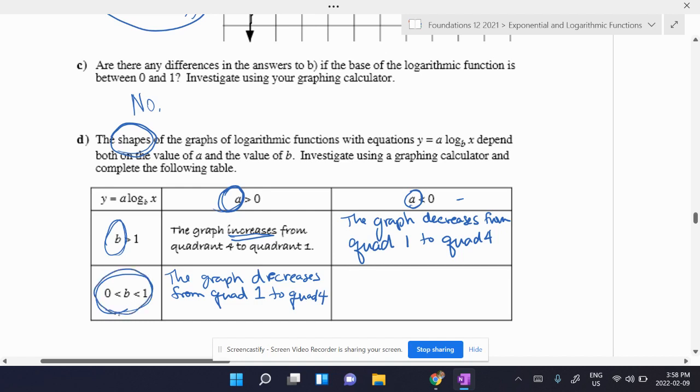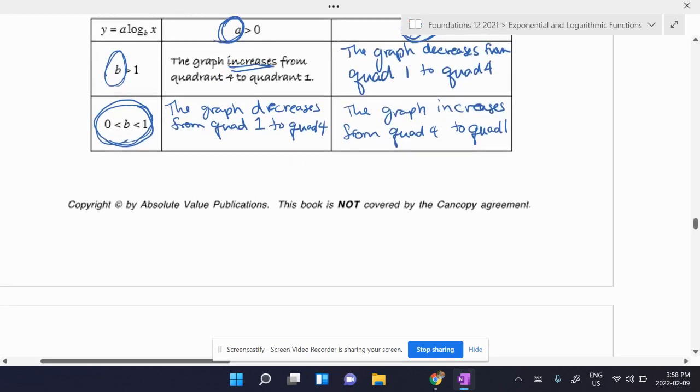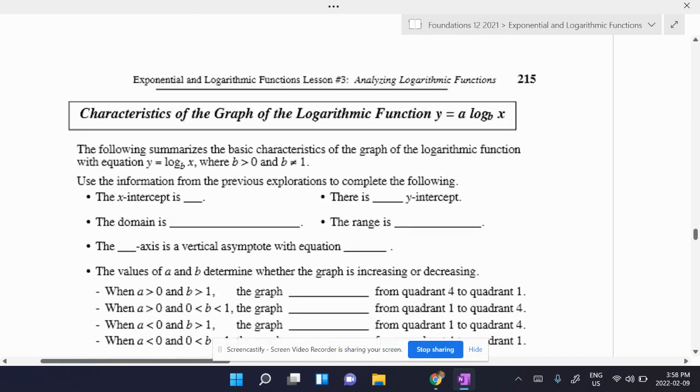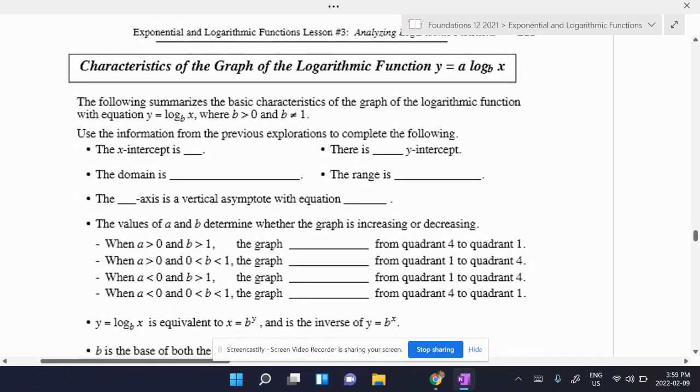And if b is between 0 and 1 and a is less than 0, the graph increases from quad 4 to quad 1. We get all these basics.